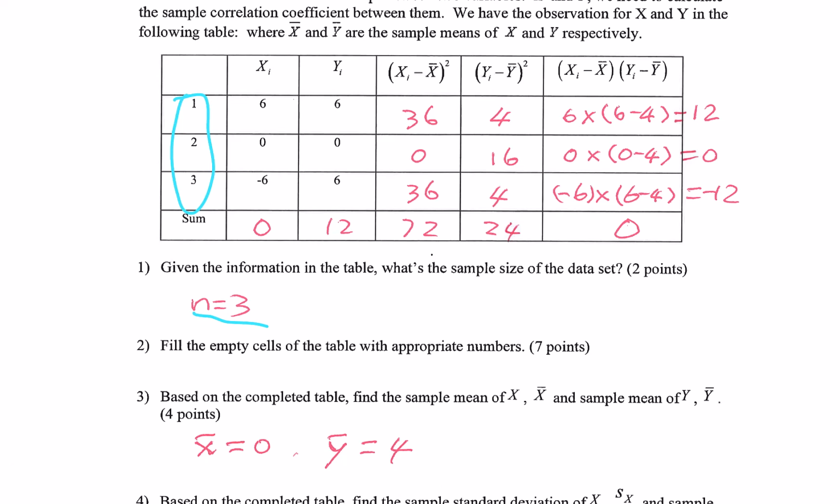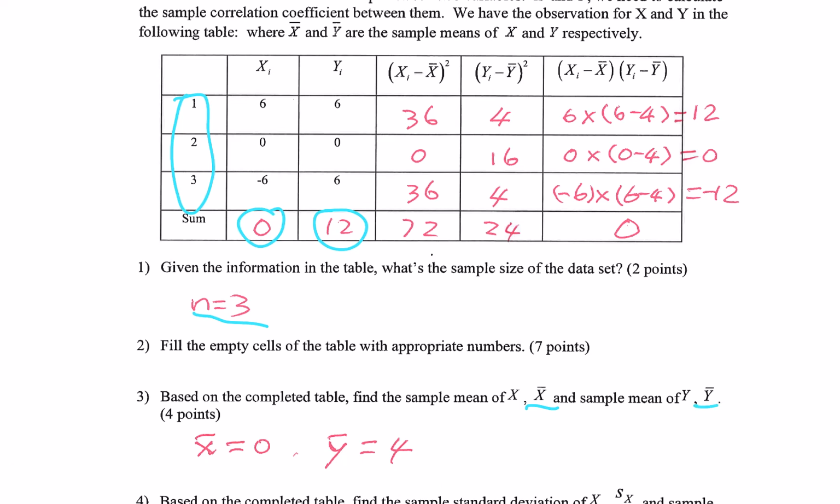Okay, so yes, for the sum, you add those 3 numbers together, equals 0, and then you add those 3 numbers, you get 12. For the other ones, we could find the x bar, y bar, right? The mean of x and the mean of y.